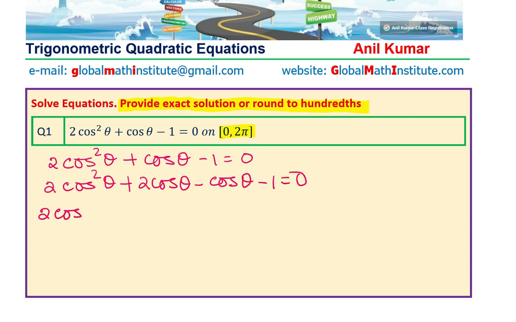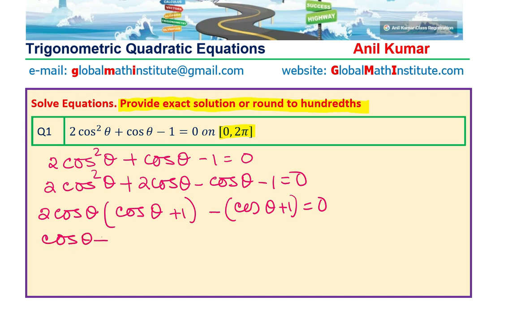Taking 2 cos theta common, we get cos theta plus 1. Taking minus common, we get cos theta plus 1 equals 0. And now cos theta plus 1 is common. So that gives us 2 cos theta minus 1 equals 0, right?